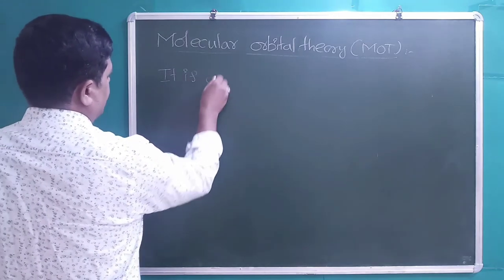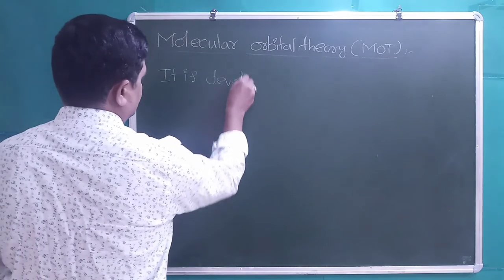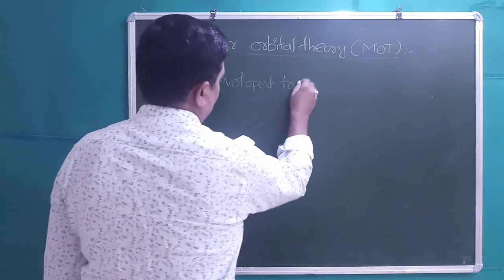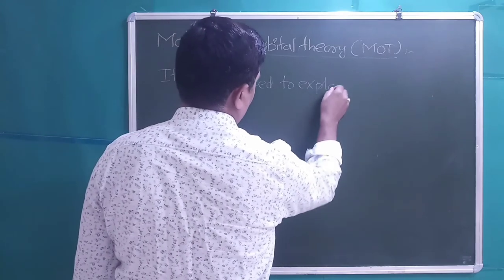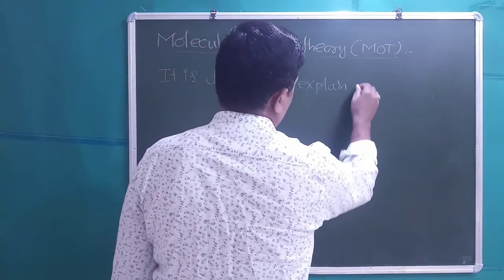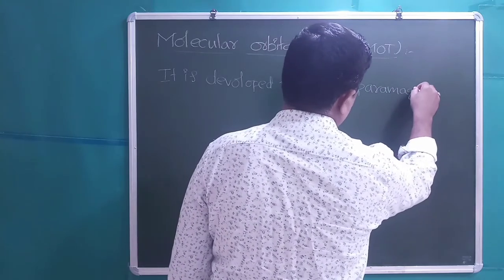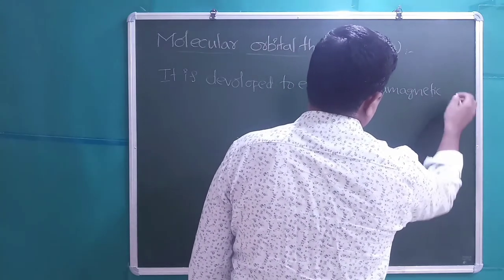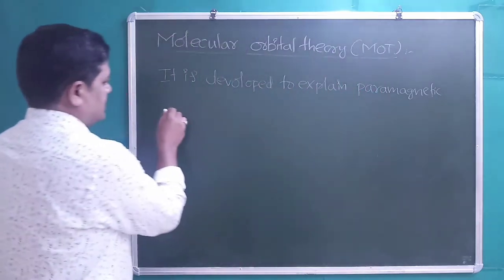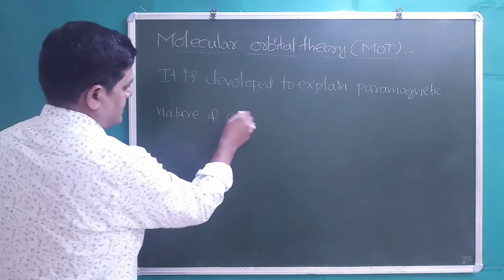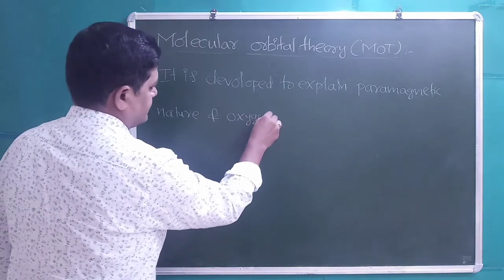Electrons of the molecules are present in molecular orbitals. It was developed to explain the paramagnetic nature of the oxygen molecule.